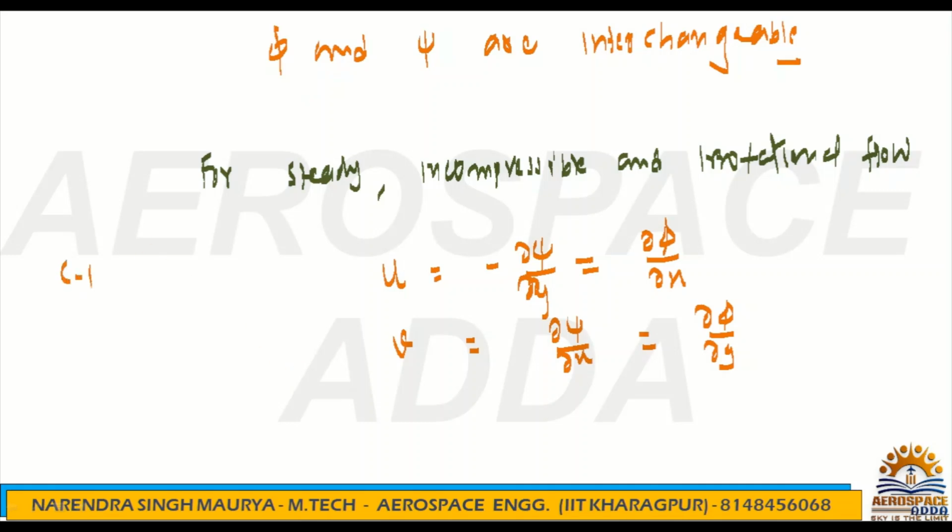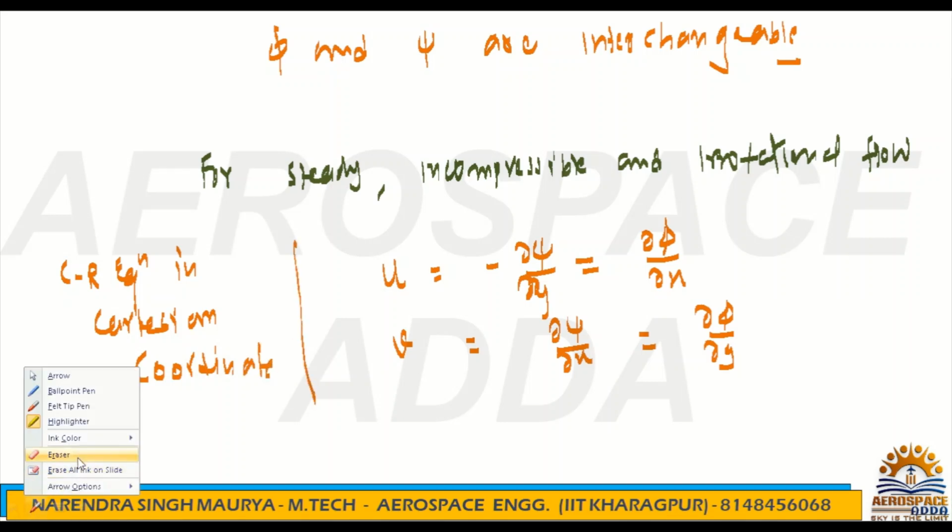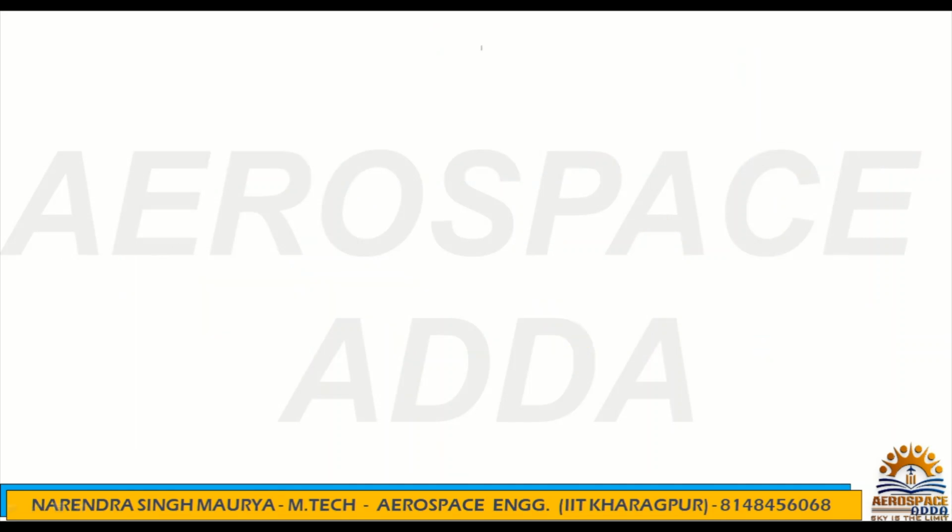So this is the CR equation in Cartesian coordinate. Always remember, this is a very important equation. So here you can interchange. You can write minus dou psi by dou y is equal to dou phi by dou x.